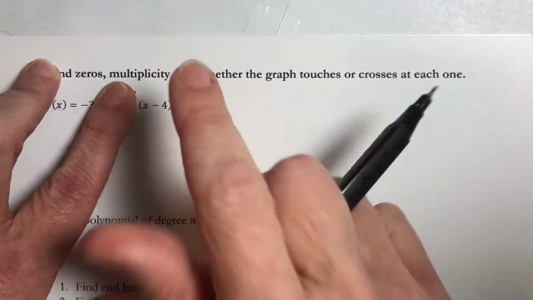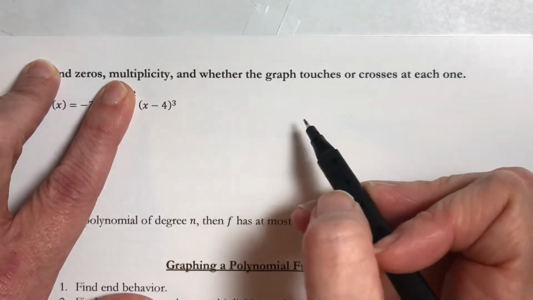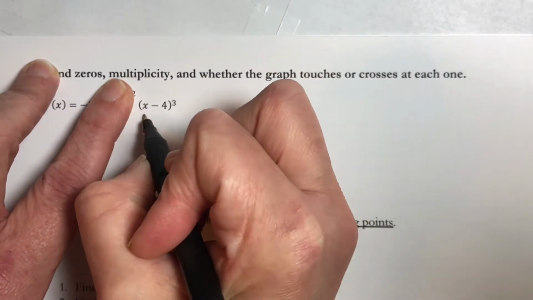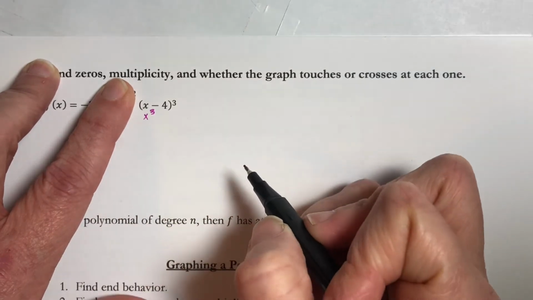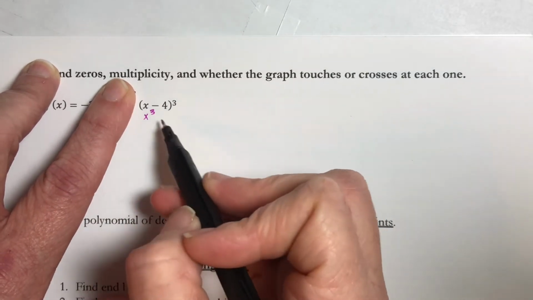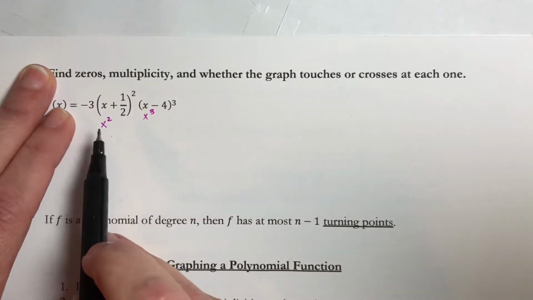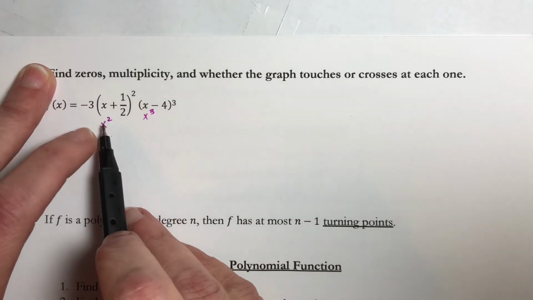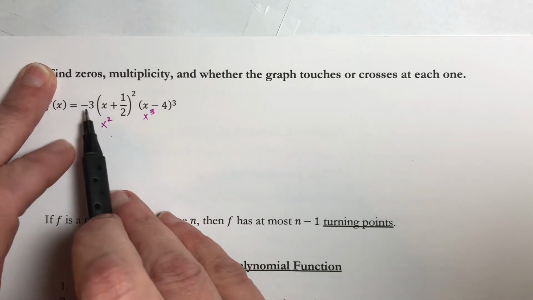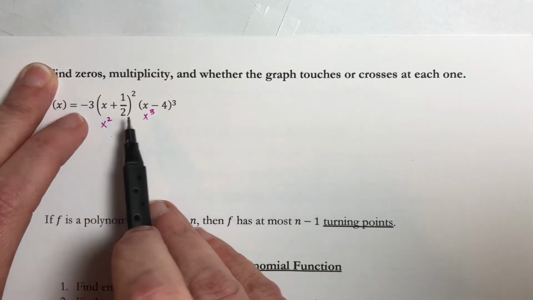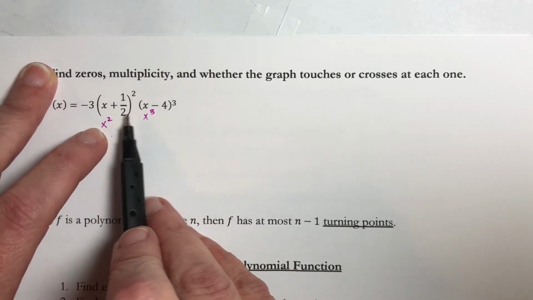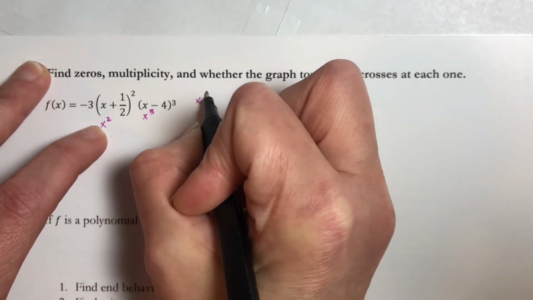And if I multiply this out, x minus 4 times itself 3 times, I'm going to end up with an x cubed in it. That's going to be my largest exponent in this one. And then when I go to multiply these together, I'm going to have a negative 3 times an x squared times an x cubed. This is what I mean when I'm multiplying my largest exponents on each one. When I multiply these two together, I'm going to get an x to the 5th.